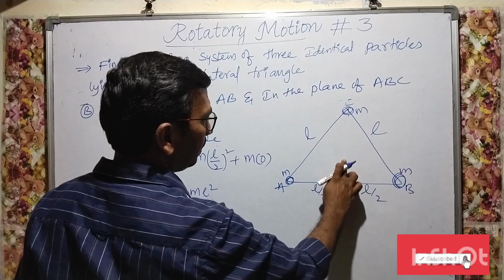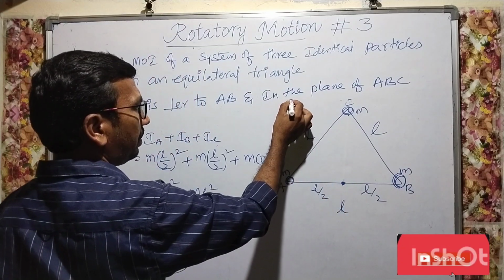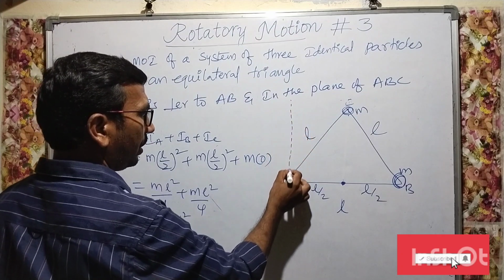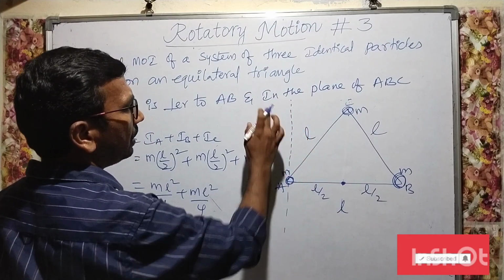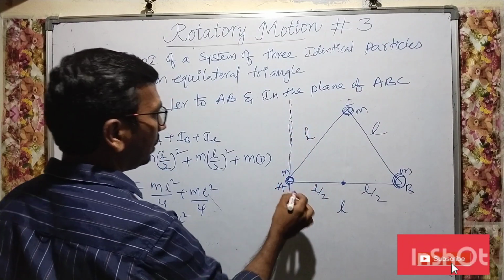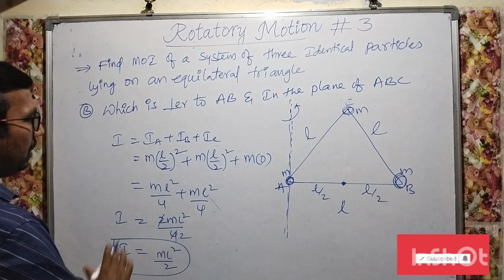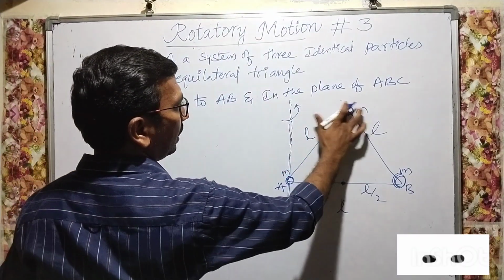So this is the axis of rotation now. Three identical masses are there.